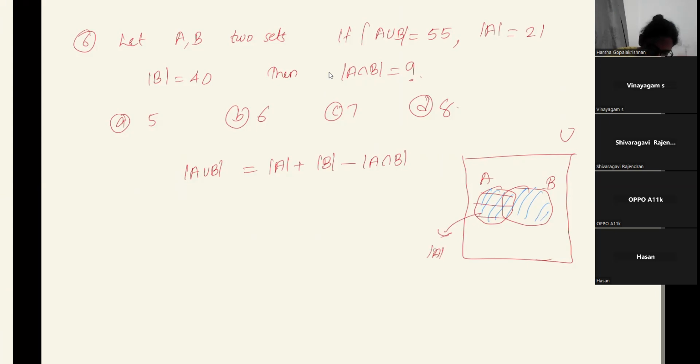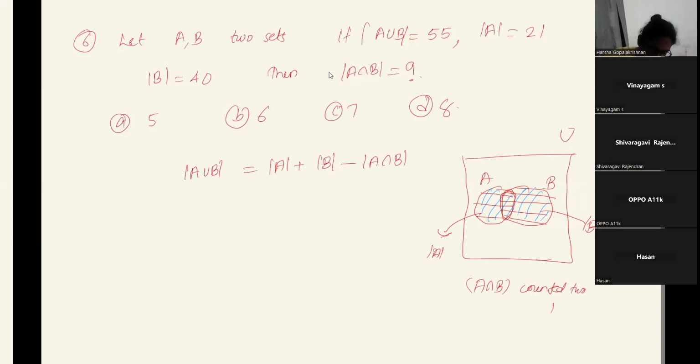Next I am taking the cardinality of B. It will cover all this portion. So what happens is, this A intersection B portion is covered 2 times. A intersection B is counted 2 times.